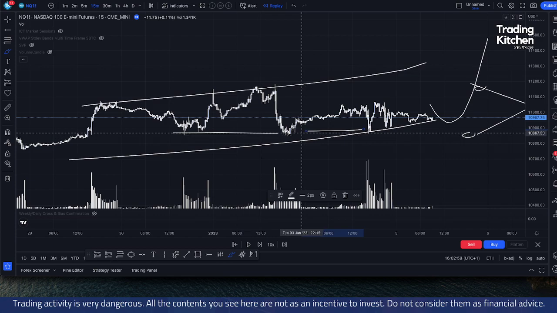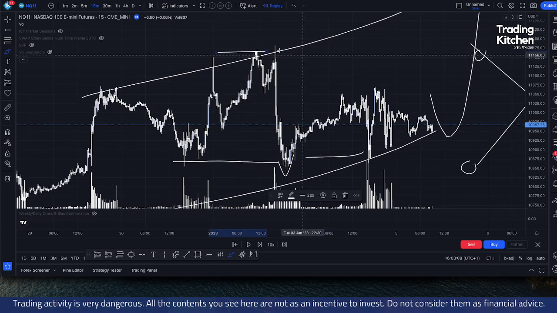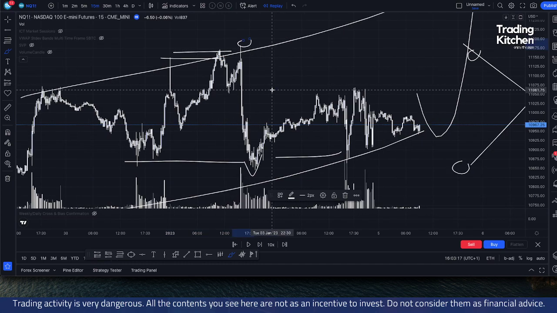This is not a structure, this is a liquidity grab here, here as well, even if we see price closing above this candle, but we do have a liquidity sweep here to go down.